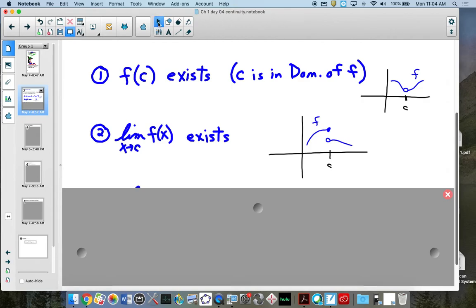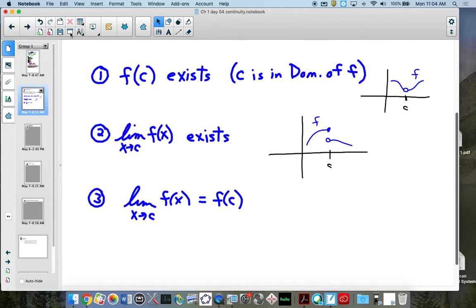Okay, and the third and final test is that the limit as x approaches c of f of x has to equal f of c. So let me draw a case where it passes the first two tests but doesn't pass the third test. So here's c.